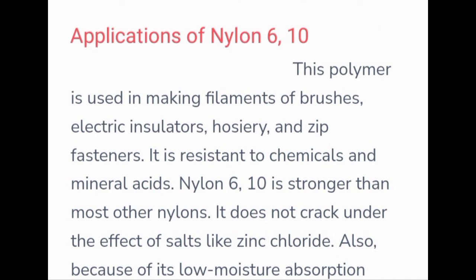The zip fasteners are made from this nylon. It is also resistant to chemicals and mineral acid. Therefore, chemical resistant objects are made from it. And also it is stronger than other types of nylons.